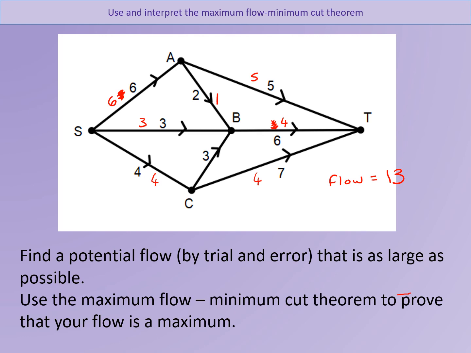So actually, if we use this cut here, this cut would be S on one side, and then A, B, C, T on the other. That has got a value of 6 plus 3 plus 4, which is 13. So we could say that by the maximum flow minimum cut theorem, we have proven that the flow we have found is a maximum.